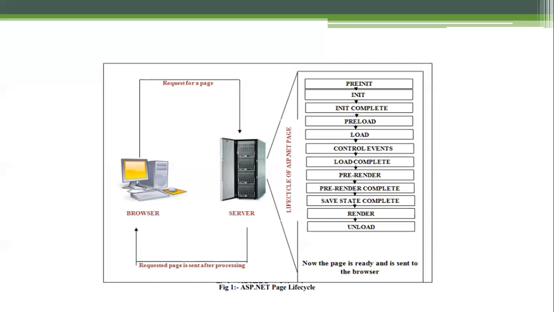Use this event to perform the display settings to the data bound controls. It's completely theory part. You may not require all the things, but just remember what the events are. So like this we have save state complete, render, unload, all this.